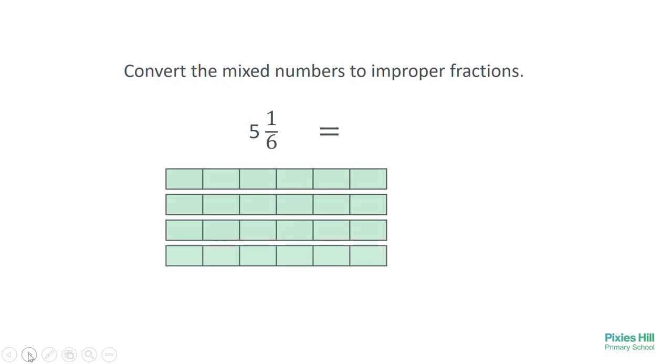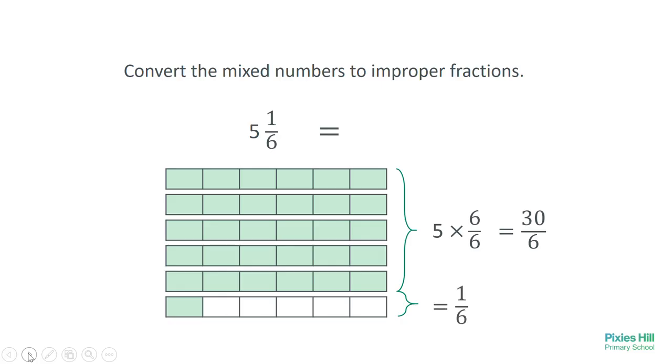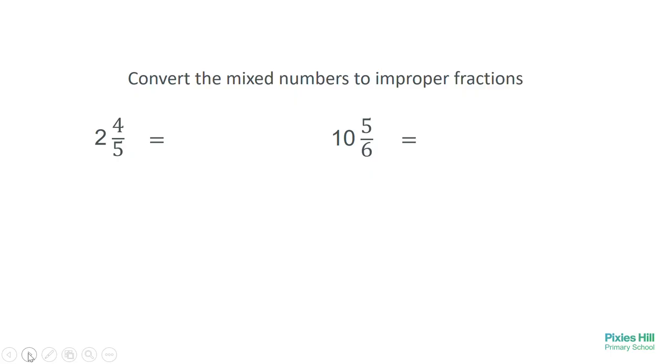For example, if we wanted to convert 5 1/6 into an improper fraction, we begin by multiplying the whole number 5 by the denominator, which is 6. 5 lots of 6/6 is 30/6. Then we just need to add the final sixth, or in other words the numerator, which would give us 31/6.